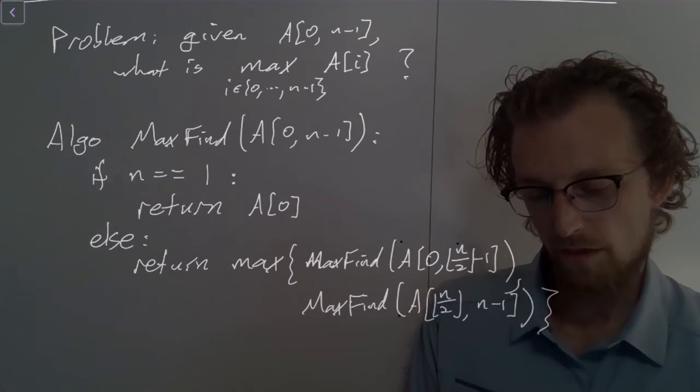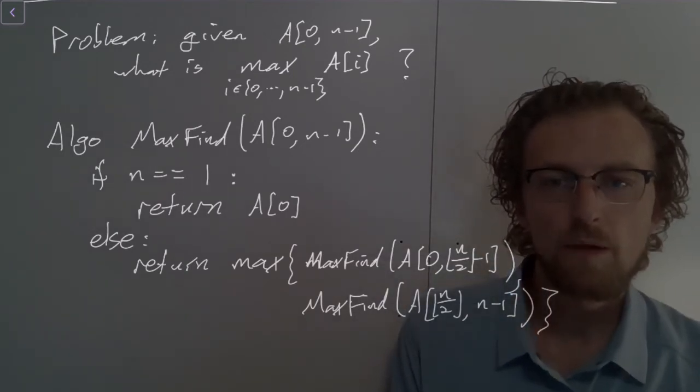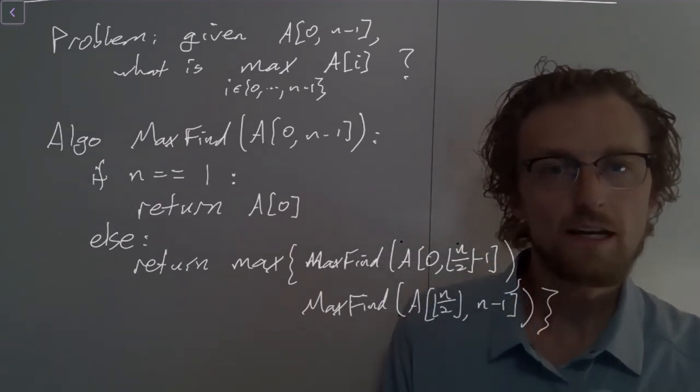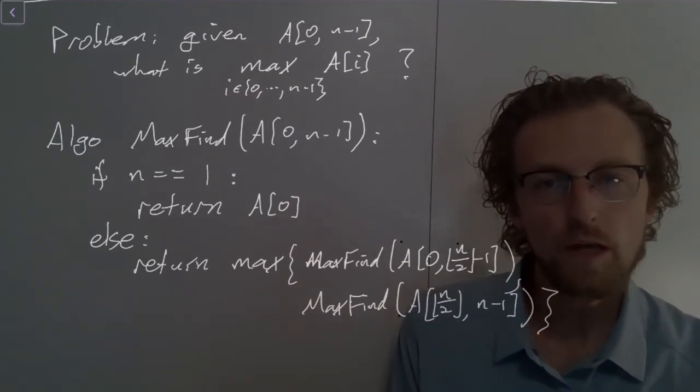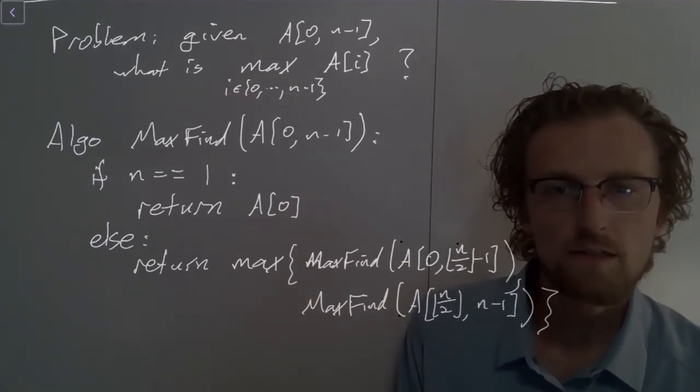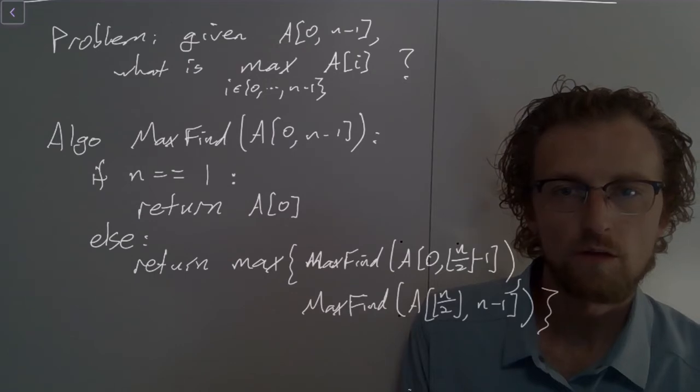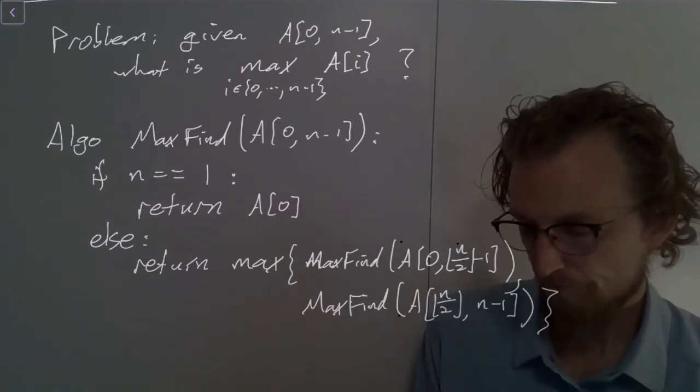And I won't go into the detail about whether or not the indexing works precisely here, but I invite you to take a look at it and see if you can find any issues with the indexing here.